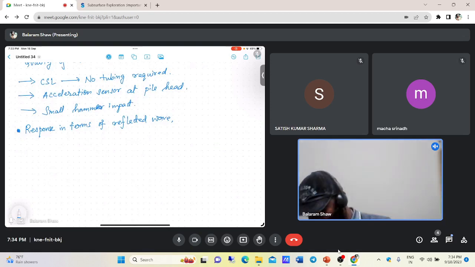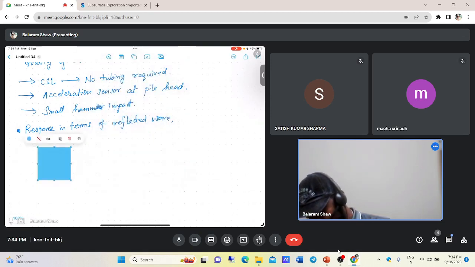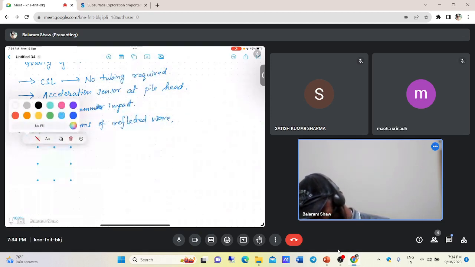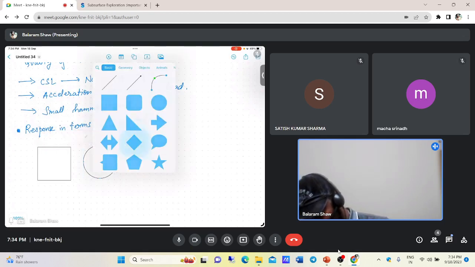We can have square piles, we can have circular piles, and then again we can have spun piles. What are spun piles?